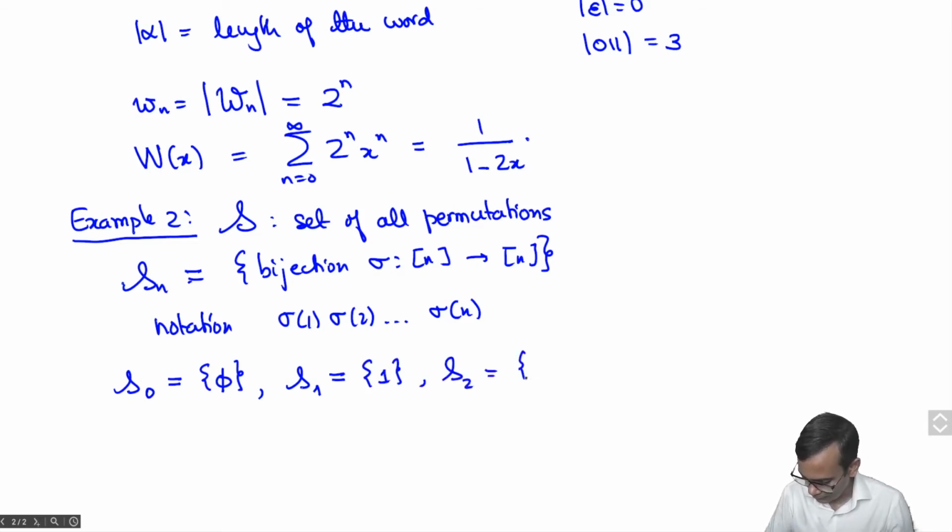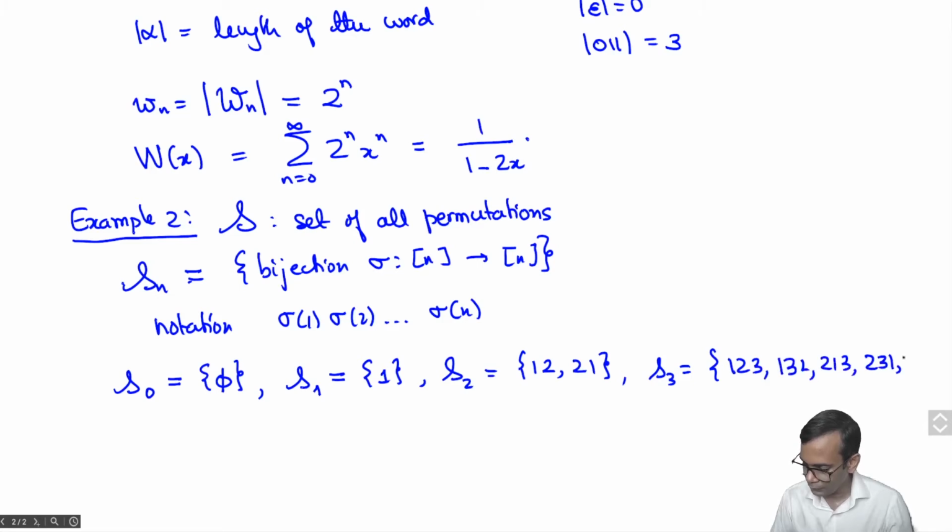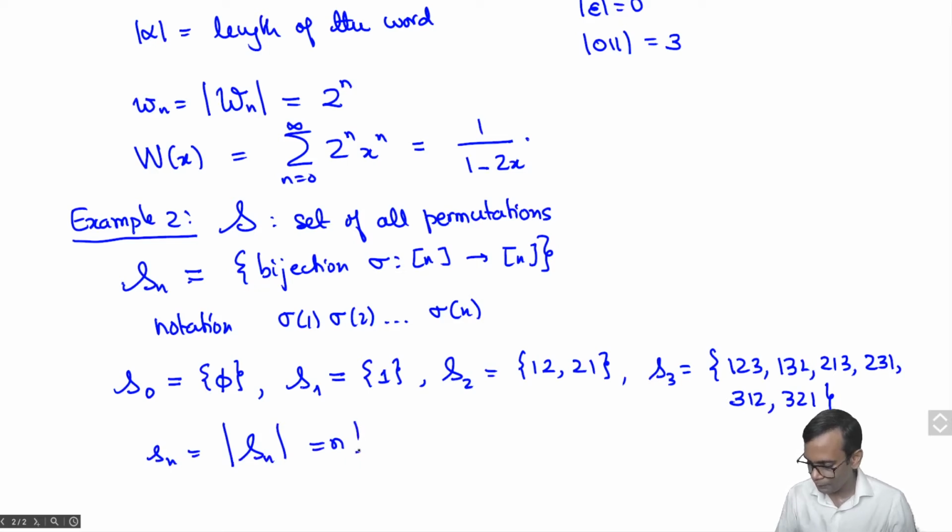S2 has the permutation 1 2, and the permutation 2 1. S3 has 6 elements: 123, 132, 213, 231, 312, and 321. And in general, the cardinality of S_n is going to be n factorial.